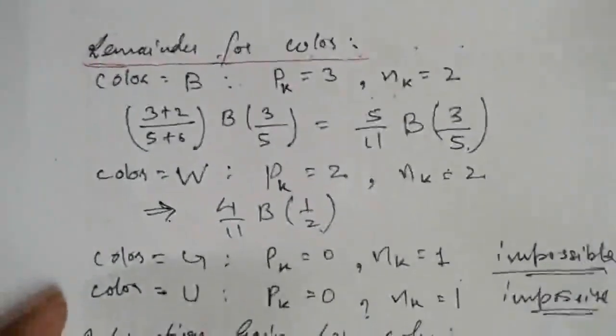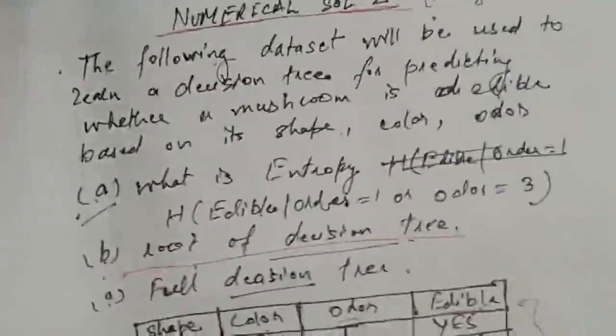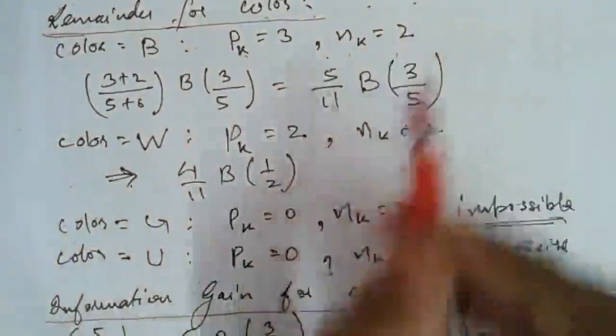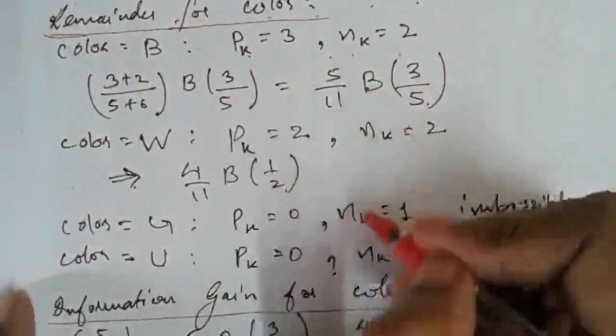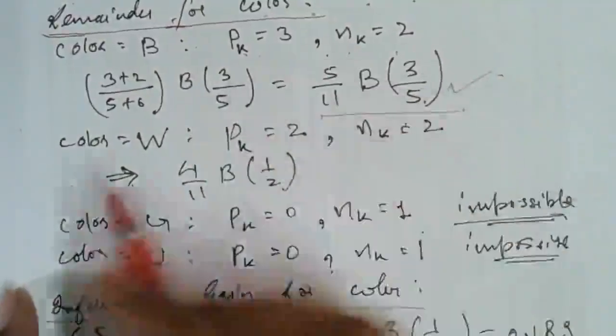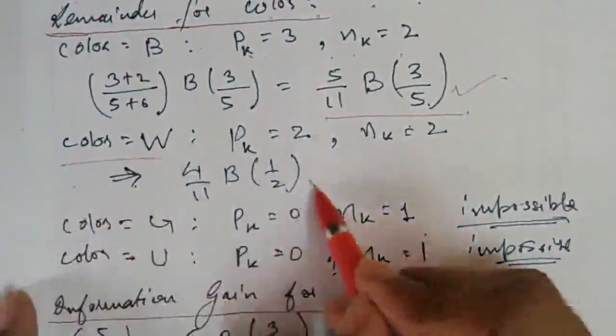So for color, let us see, color is equal to B. If color is equal to B, again we calculate this Pk and Nk, and we have this value. Again similarly we calculate color is equal to W, again we have this value.